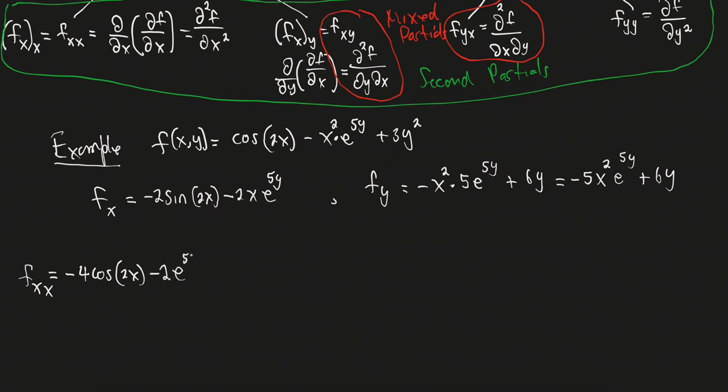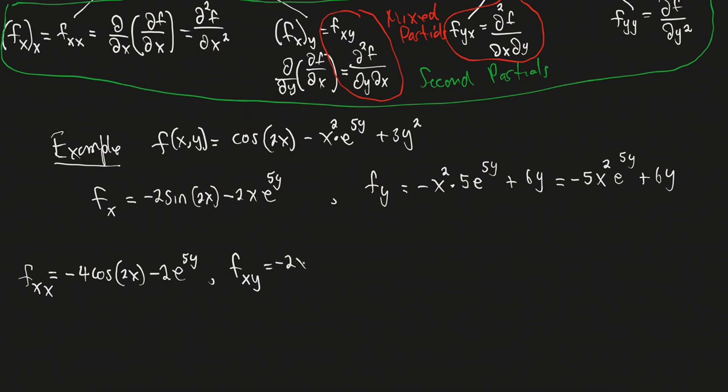And when I differentiate the negative 2x with respect to x, I'll get negative 2, and then it's times e to the 5y. Now, if we do the mixed partial, f x y, so if I look at this and now differentiate it with respect to y, then I get to treat this term as a constant, so that goes away. The negative 2x is brought down because that's a constant multiple.